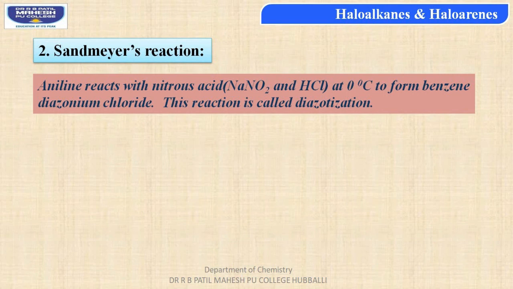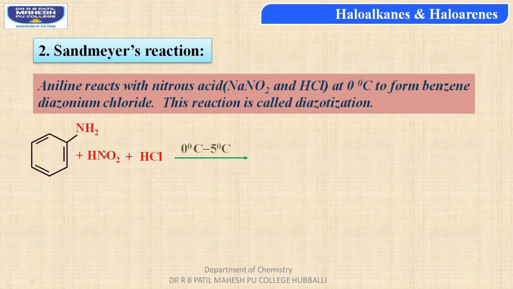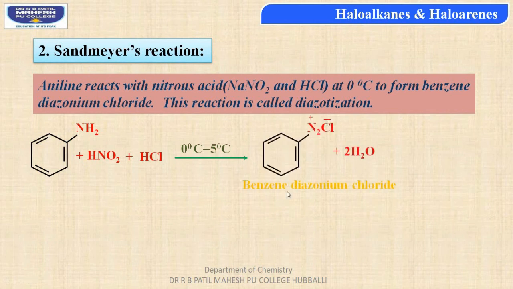This reaction is called diazotization reaction. Let us understand the diazotization reaction first with an equation. When the aniline molecule, students, is treated with nitrous acid, that is HNO2, in presence of HCl at a cold condition, that is 0 to 5 degrees Celsius, the formation of benzene diazonium chloride along with a water molecule occurs.